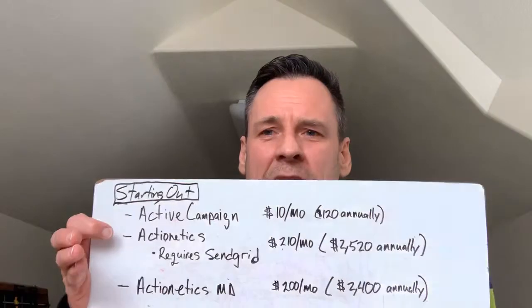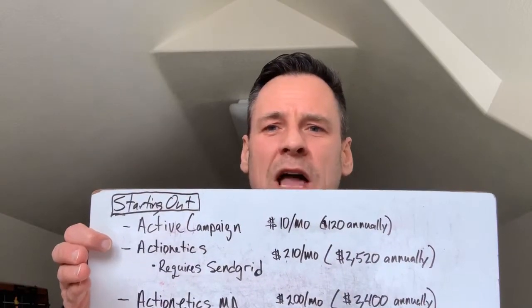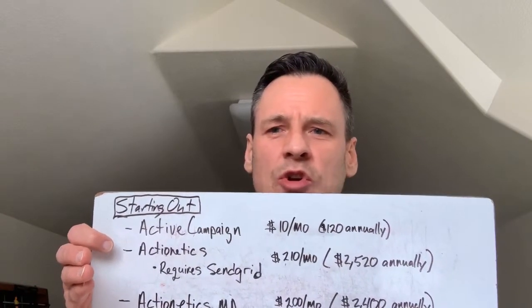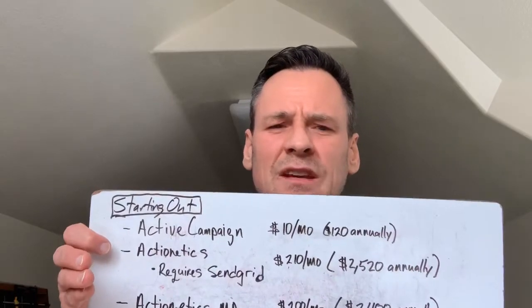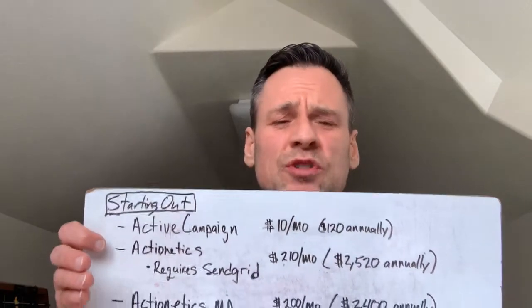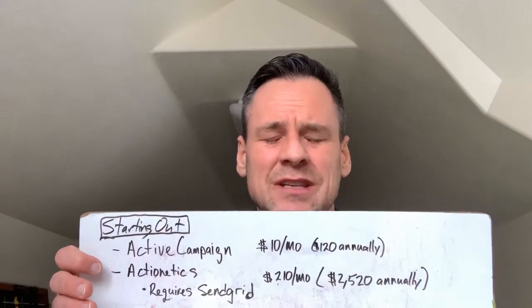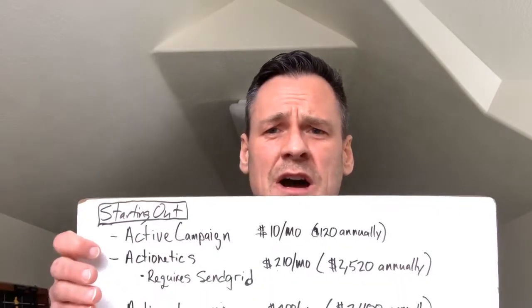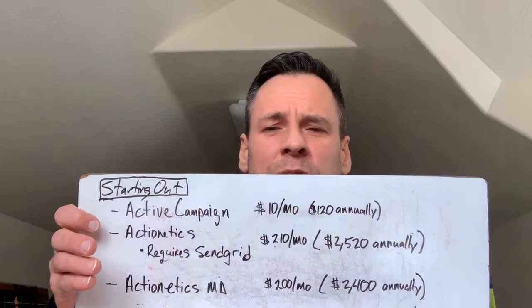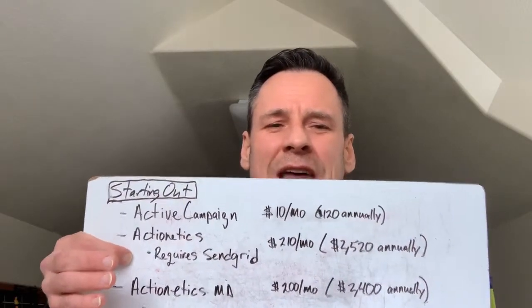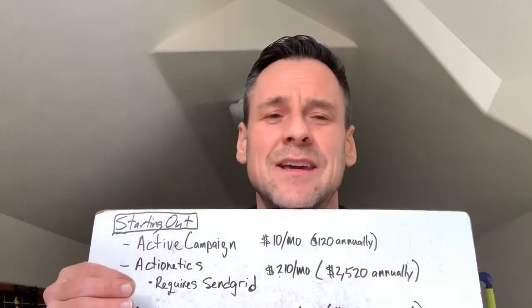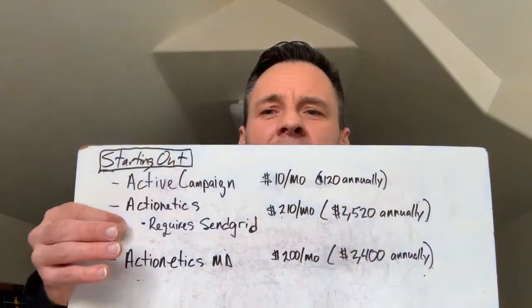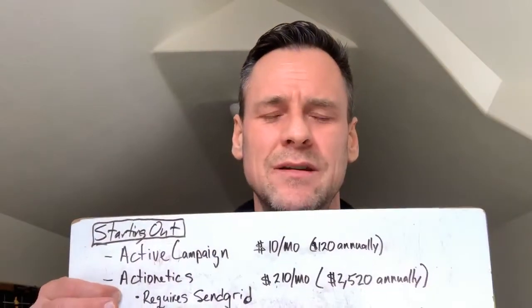When I come over here to Actionetics, they're like, oh, this is going to cost you $200 a month just to get set up. And you're like, wow, that's kind of expensive, right? From day one, I'm $200. But since Actionetics does not send your emails, you've got to get a product called something like SendGrid, okay?